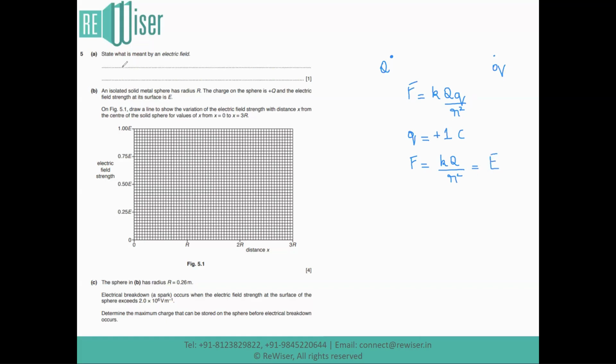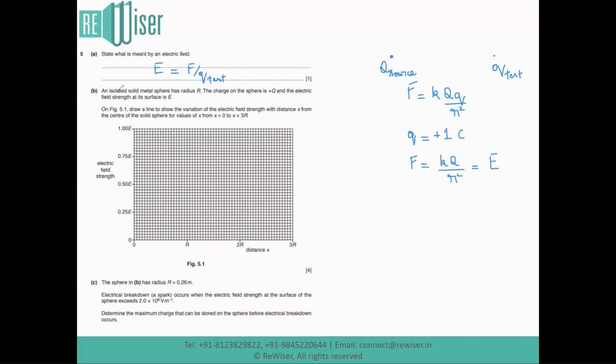So electric field E is defined as the region of space around a source charge where an imagined test charge experiences an electrostatic force. We can also use this to derive an expression between electric field and electric forces. Electric field E is equal to force F divided by the test charge Q test.